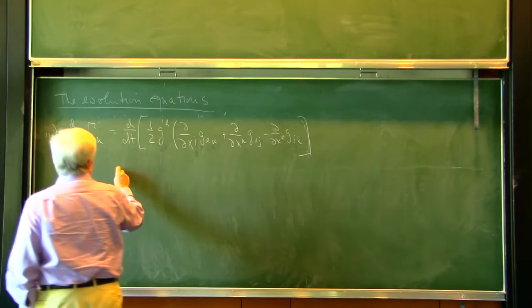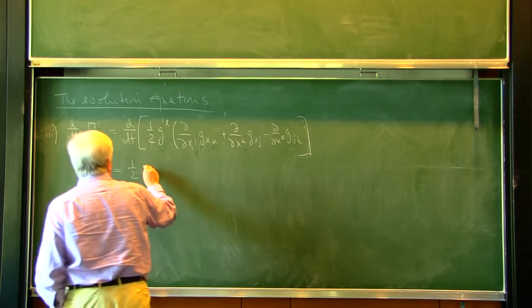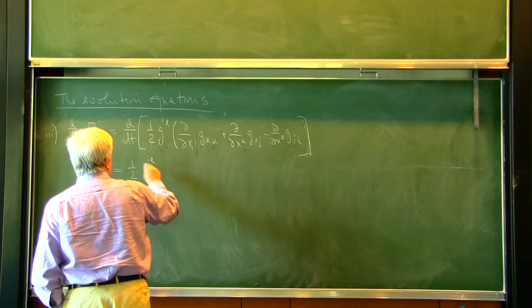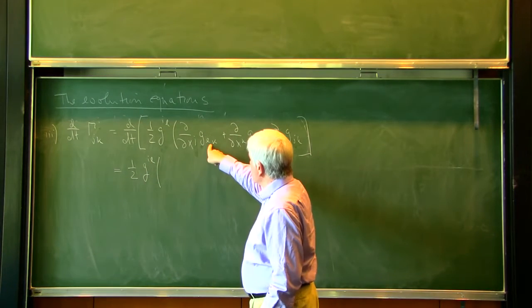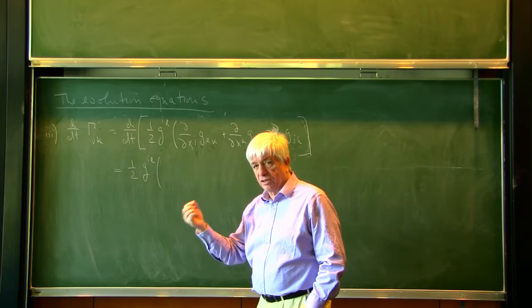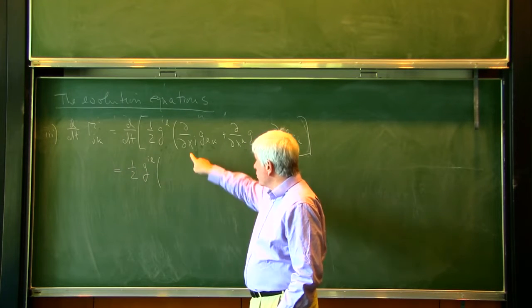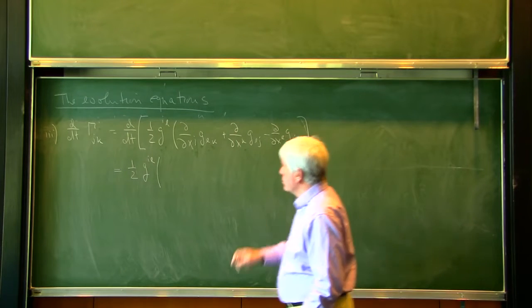So doing this, we get 1/2 g^{il} times, and now inserting here the Ricci curvature and noticing that we are at a point where the Christoffel symbols vanish, we can also replace the coordinate derivative now by a covariant derivative.